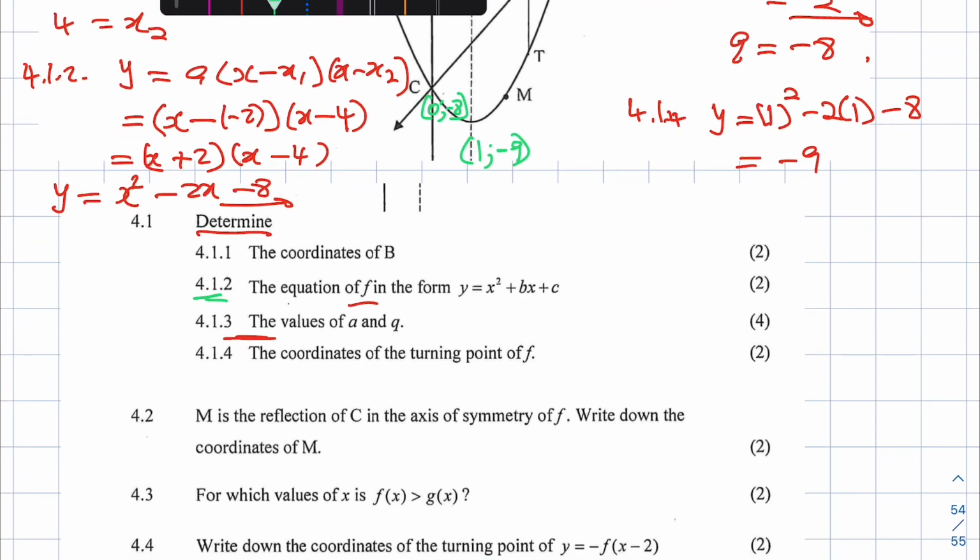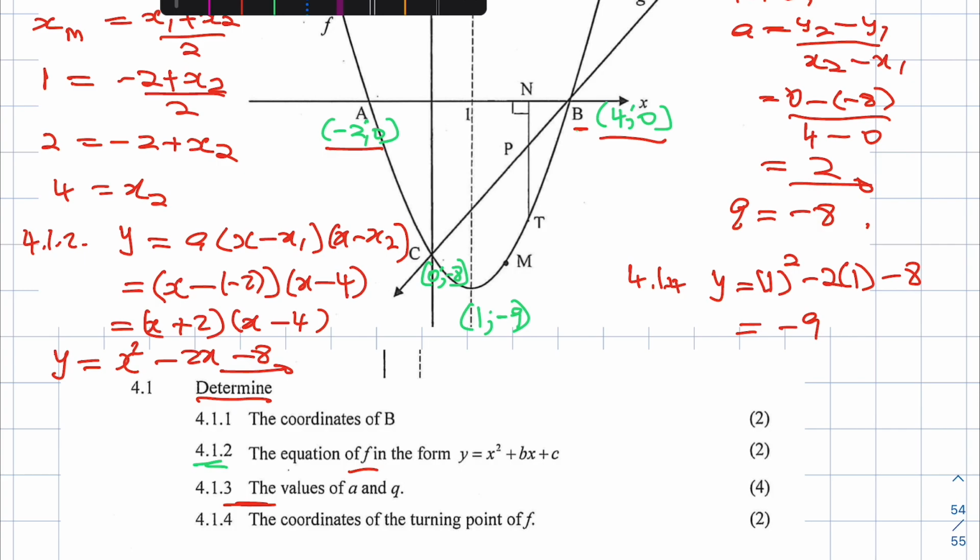Next question, 4.2. M is the reflection of C in the axis of symmetry. Write down the coordinates of M. So we are reflecting C in the axis of symmetry. What are the coordinates of M? We can just use the midpoint again. So x midpoint is x1 plus x2 over 2.